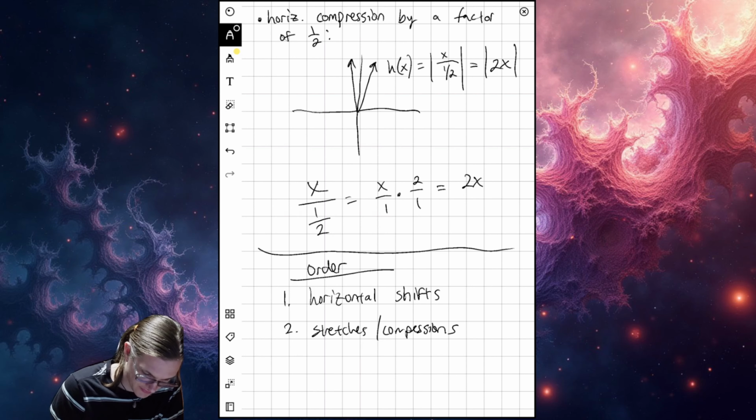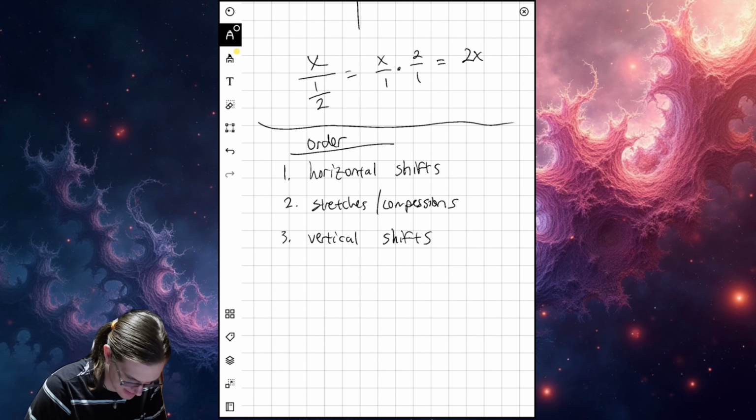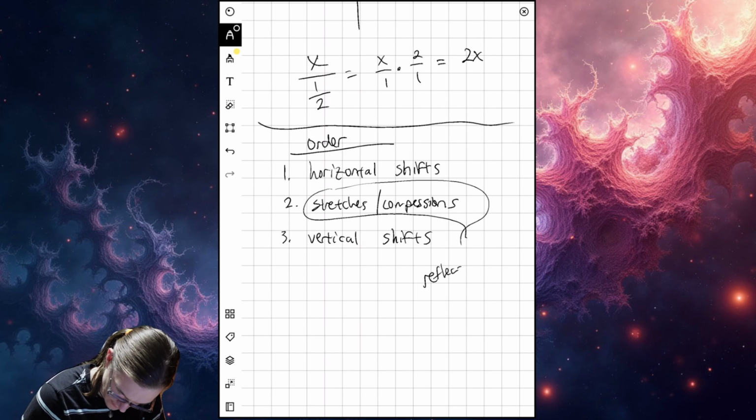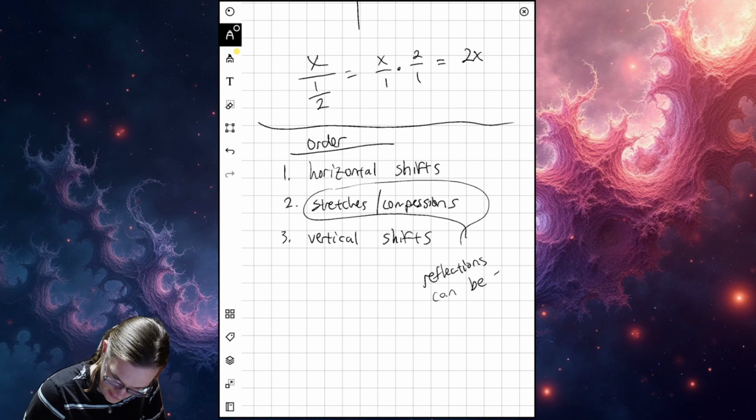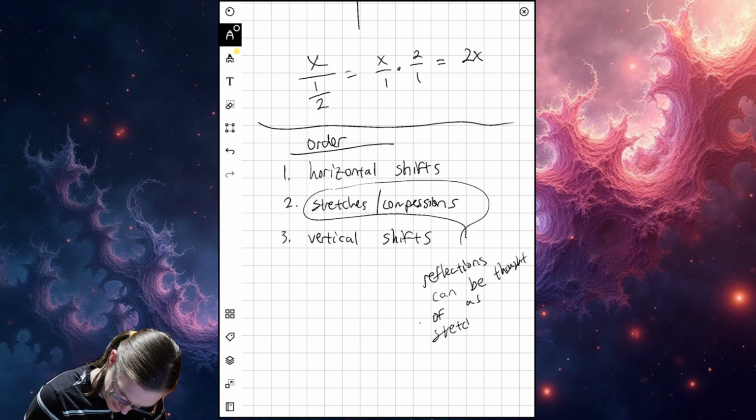The reason you won't see reflections in here is because you can just think of a reflection as a stretch or a compression by -1, right? And then vertical shifts. Vertical reflections can be thought of as stretches or compressions by just -1.